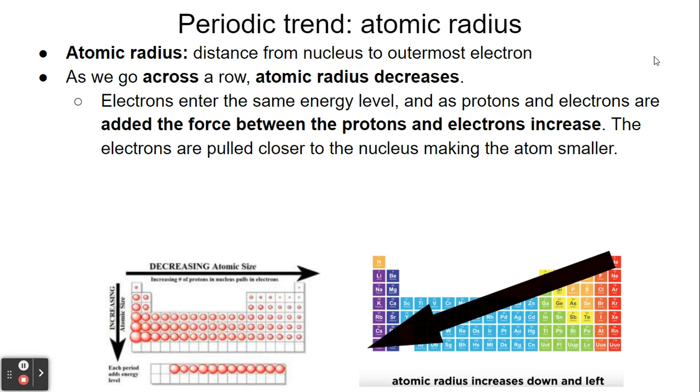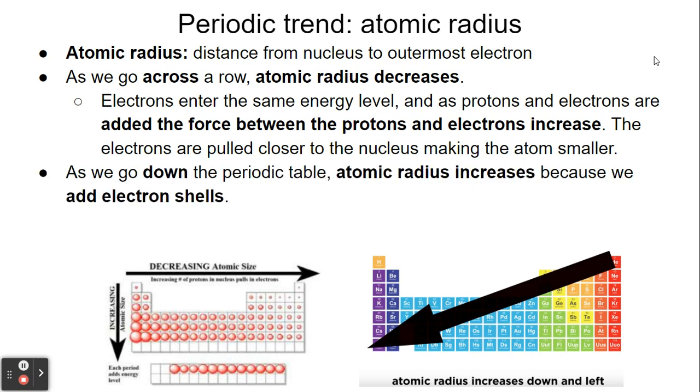We saw this in our coulombic attraction activity. If you remember, when we had more protons, we had more force pulling those electrons in from the nucleus. So because we have a higher attractive force from the nucleus, because of those extra protons, those electrons are going to be pulled in more, and thus the atomic radius decreases.